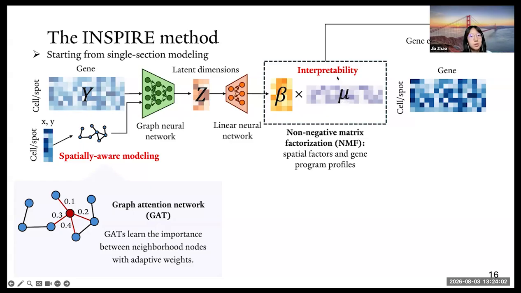Recall that to achieve interpretability, we need the gene loading matrices to describe the signatures or gene modules, associated with beta to learn the spatial distributions. Together, beta and mu form a low-rank approximation to approximate the high-dimensional data. This idea comes from the previous work I just briefly introduced.